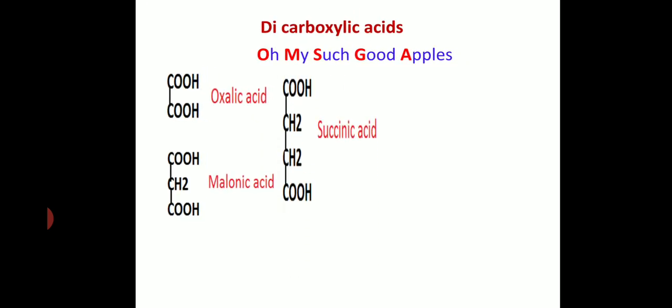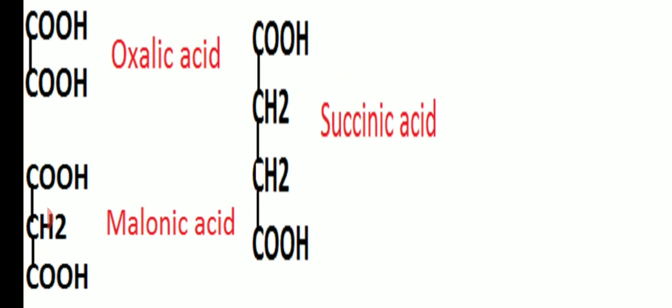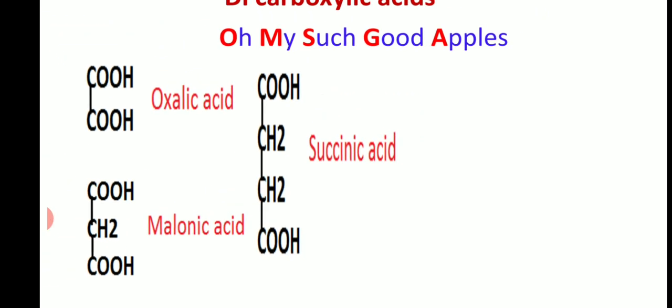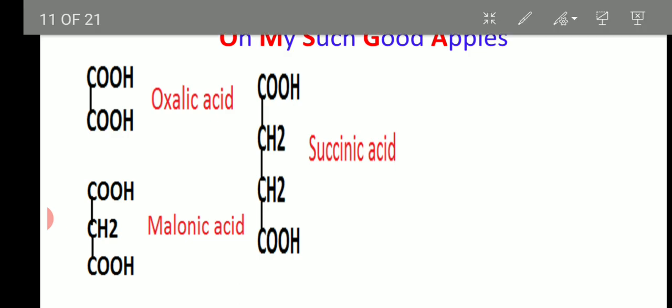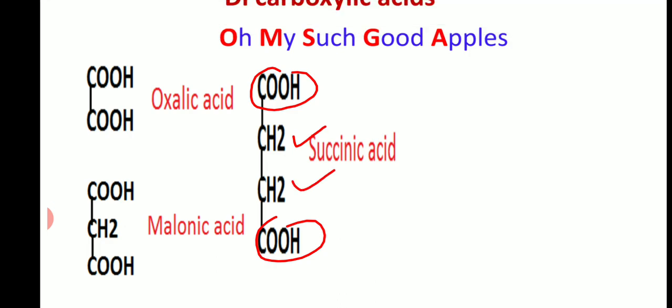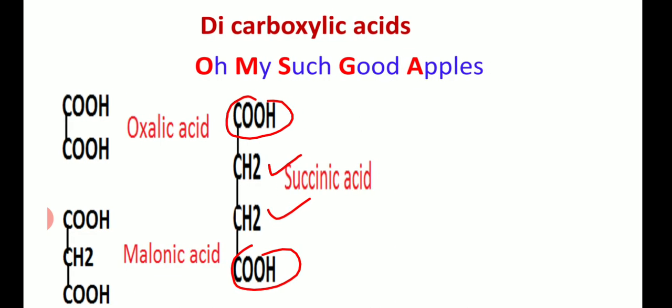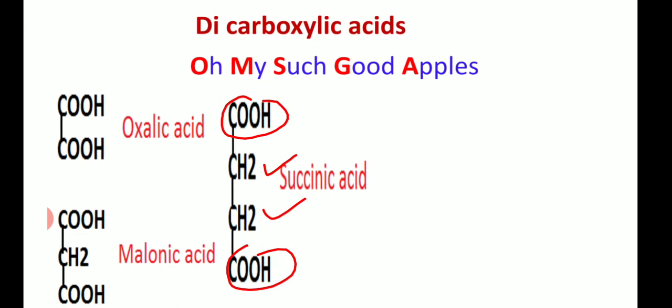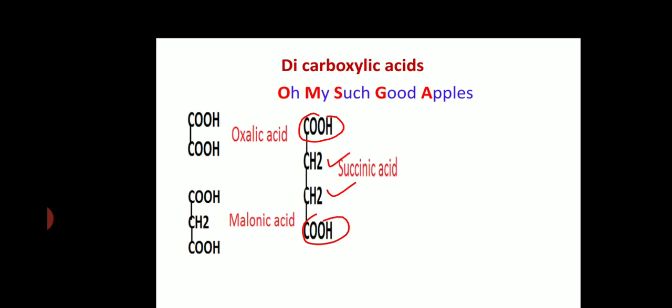The number of CH2s between the two COOH groups increases one by one. As it is a dicarboxylic acid, every acid will have only two COOH groups. Just concentrate on the number of CH2s embedded between them. This is succinic acid.